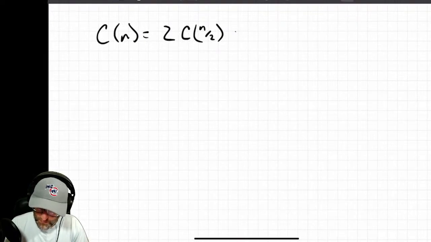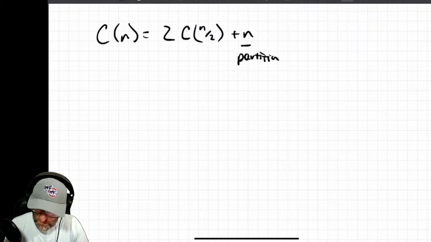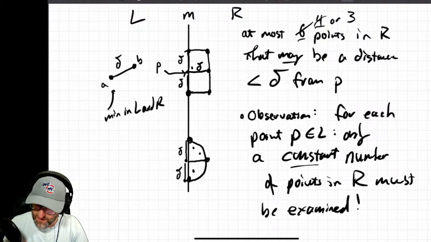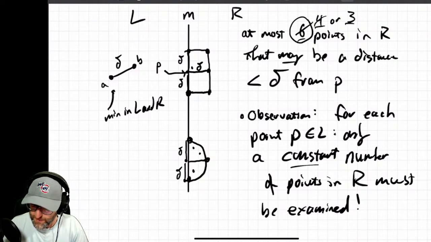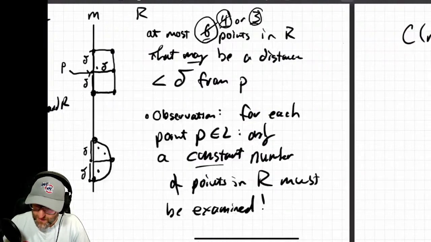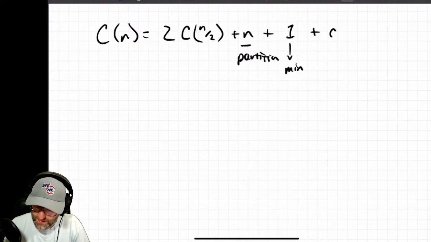So plus n for the partitioning, plus 1 for finding the min, and plus now it's only, depending on which one of these you consider, the very loose analysis, the tighter analysis, or maybe the more advanced geometric analysis of 3, whatever that constant is, it's just c times n.